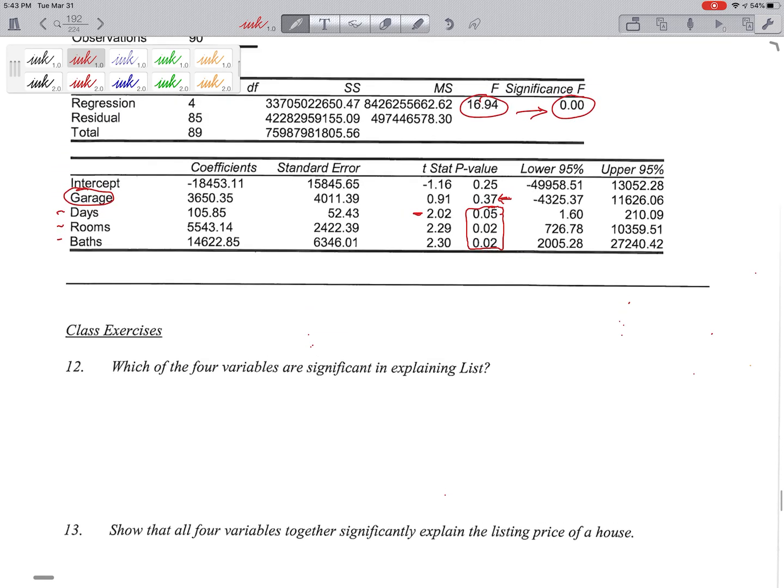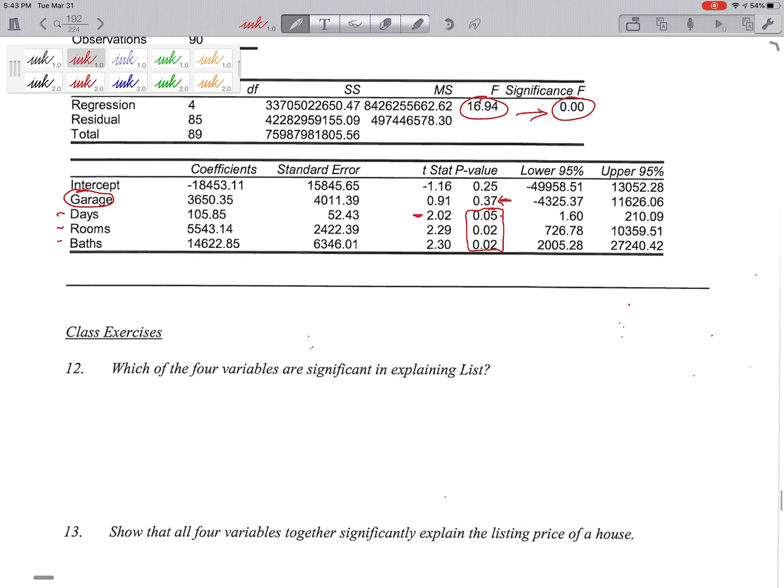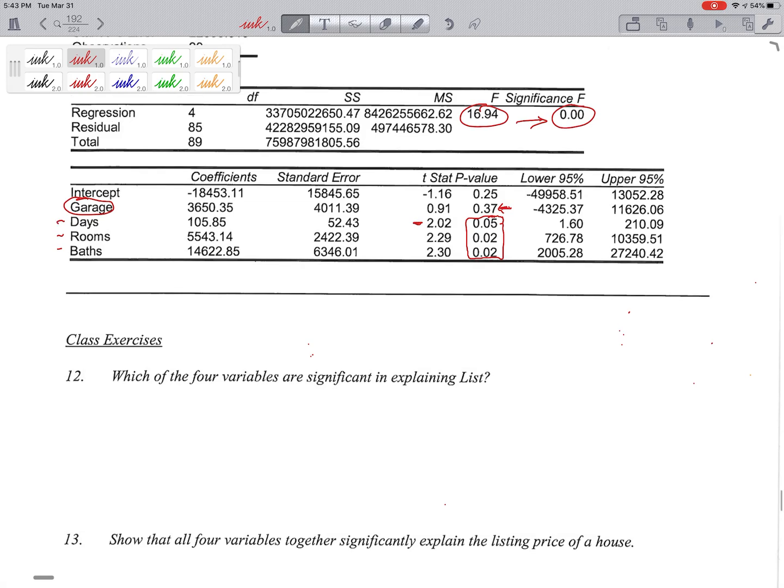Let's just complete the F test here. So it says, which of the 4 variables are significant at explaining the listing price of the house? And so in our particular case, days, rooms, and baths all have p-values less than 5%.